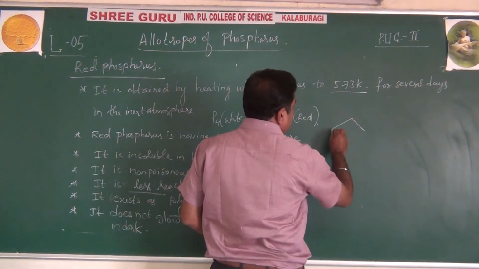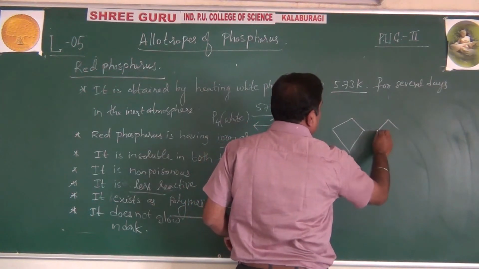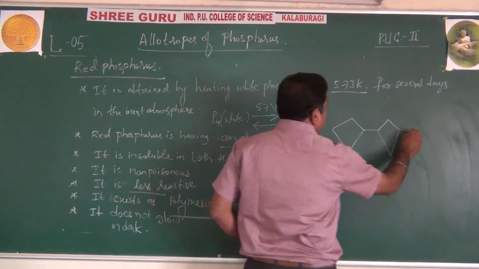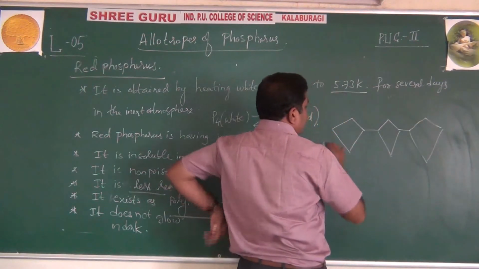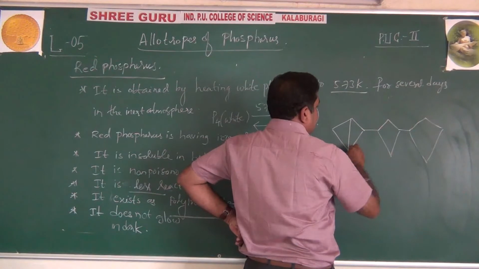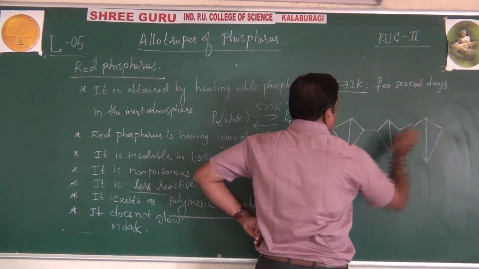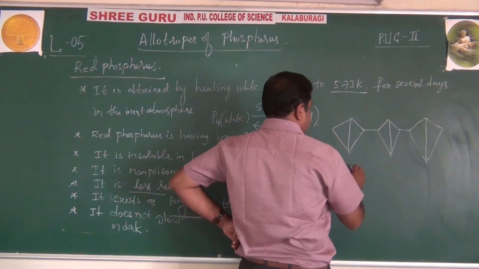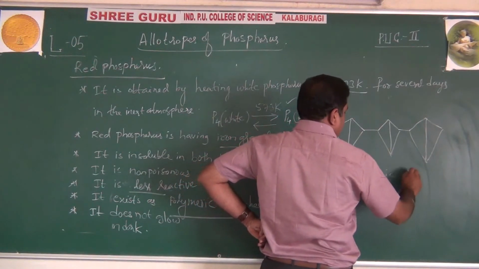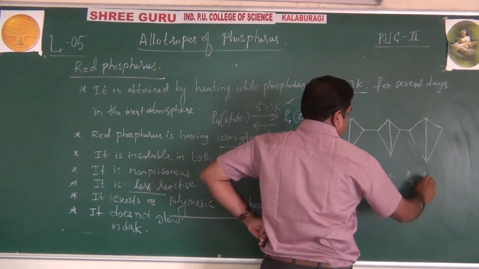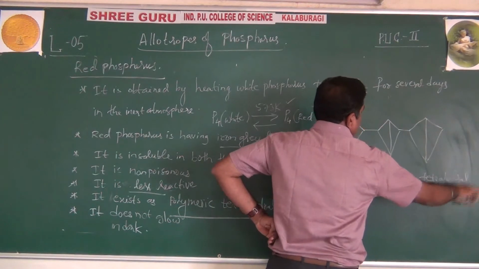See, it is like this lattice. These are the polymeric units. It loses its angle strain only on attachment. This is the polymeric P4 tetrahedral units.